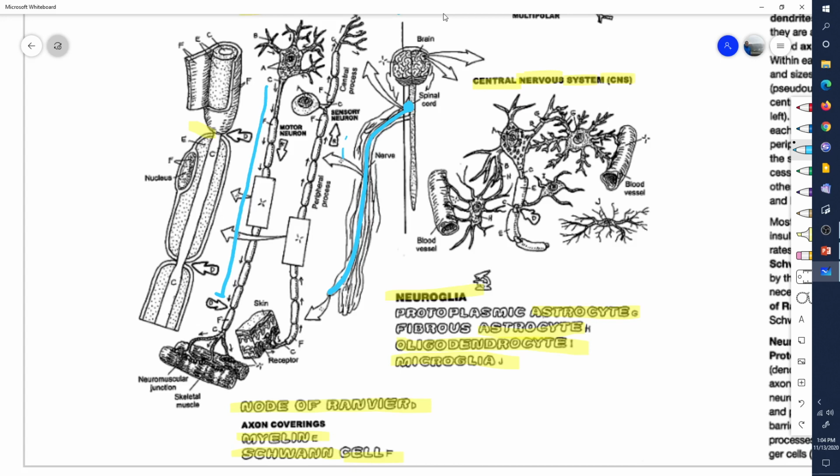Notice the covering around the axon. This is your axon right in here. But surrounding the axon is what is called a myelin sheath. A myelin sheath, here down at the bottom. This myelin sheath helps speed up the electrical impulse of the nerve, of the neuron.